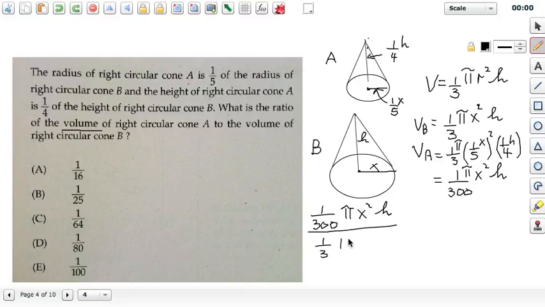Pi x squared h cancel, and the ratio would be 1 over 100. You simply multiply this by 3 and multiply this by 3 and you get 1 over 100. And the answer is E.